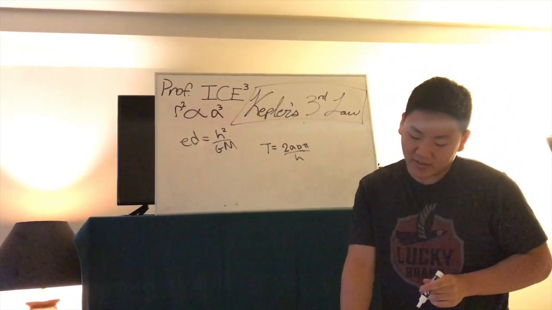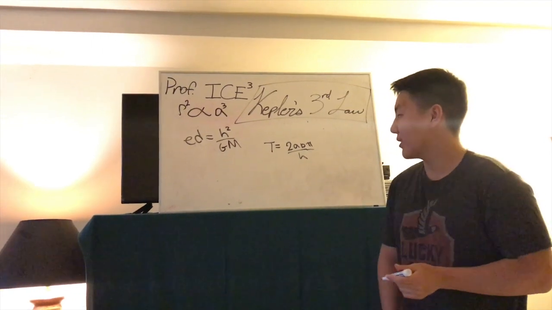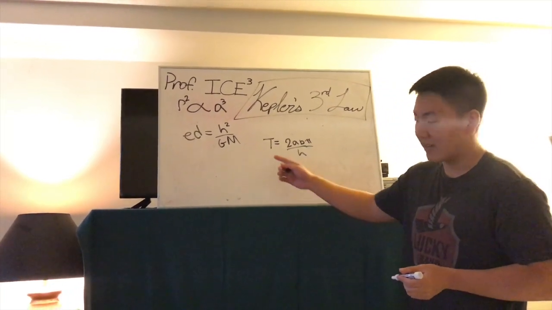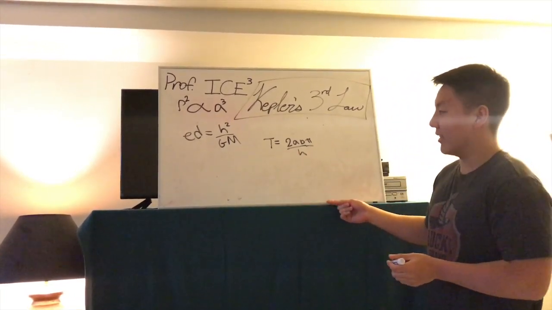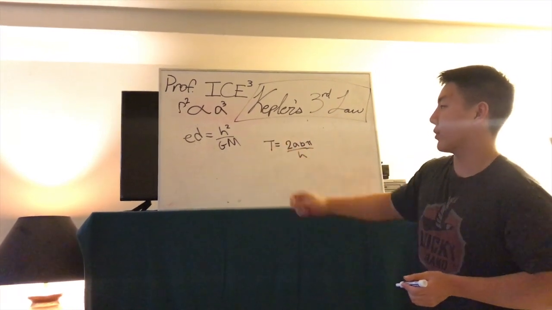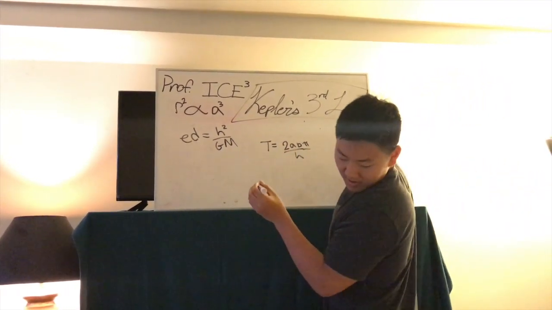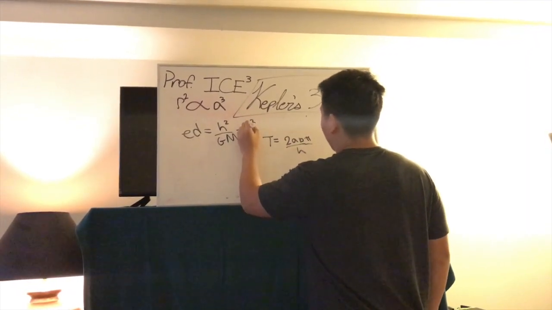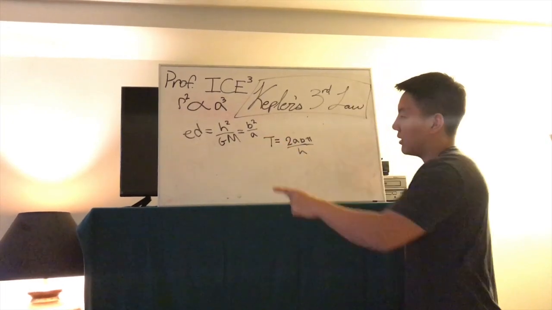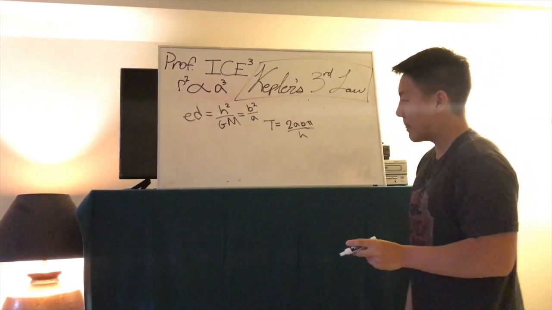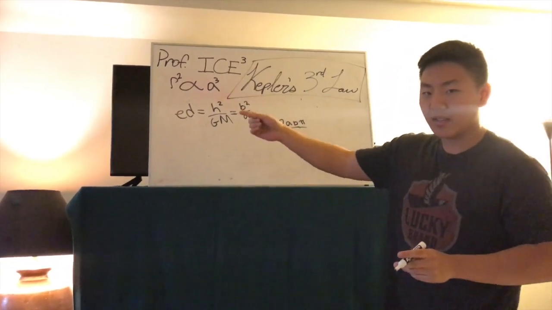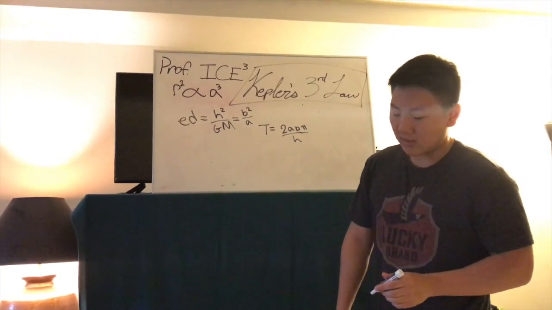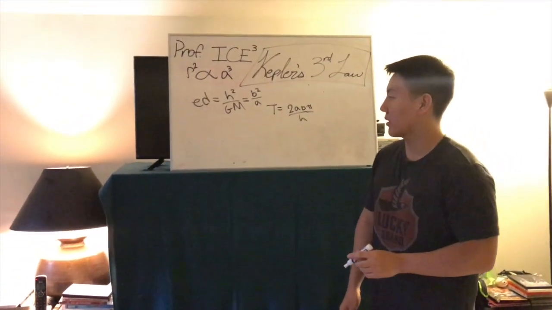And we also know that this ed is also equal to b squared over a, which is another proof, not for today, but just know that's true. ed is equal to b squared over a. Oh yeah, and e is equal to the eccentricity, and d is the directrix.